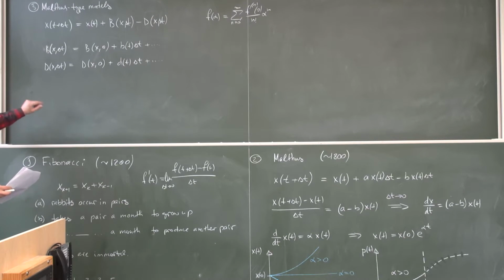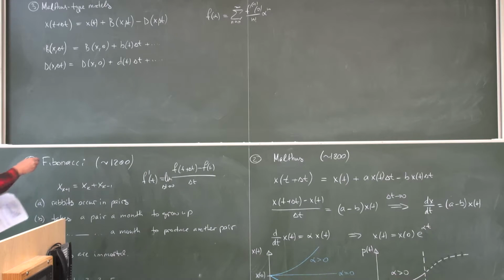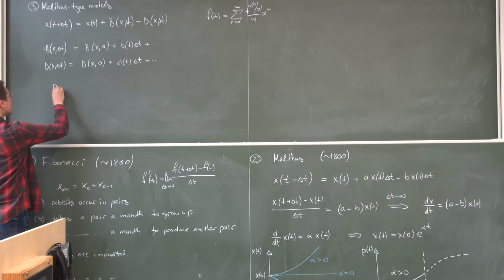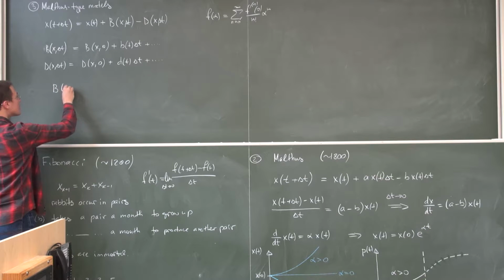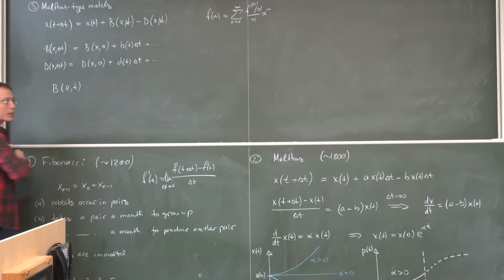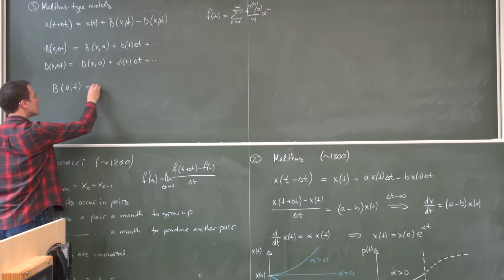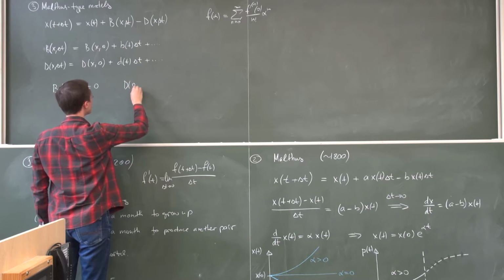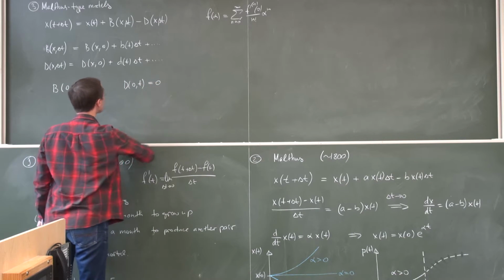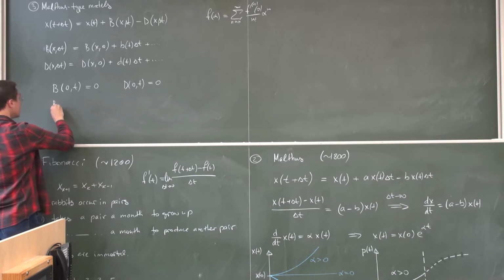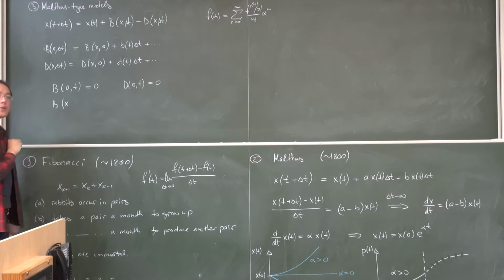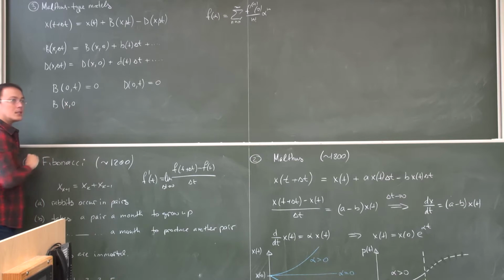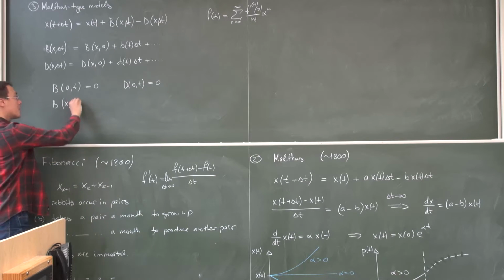Let us now philosophize a little bit about these birth rates and death rates. If we look at the birth rate in a population that has 0 population count, well, if there's a 0 population count, nobody's there to reproduce. So it's 0. The same applies to death rate. If there is no population, nothing dies. Also, if we have some population here, but we didn't give it any time, then it wouldn't have time to reproduce.